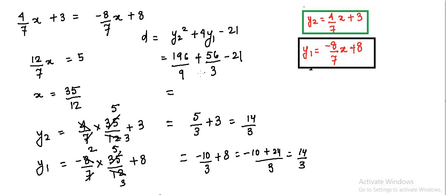After calculating the value, you will be getting approximately 175 by 9, and dividing, this is going to give you 19.44. I'm again saying that I have done the calculation very fast. That's why I'm not sure whether the answer will be correct or not. But I would request you to do the calculation.